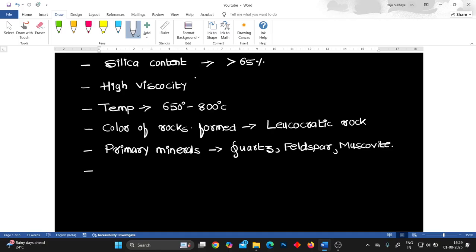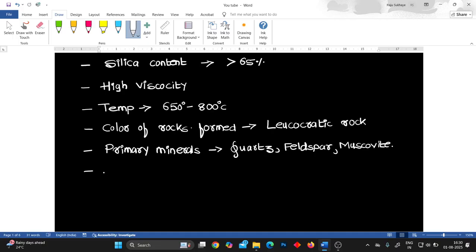Here, due to the higher percentage of silica present, the viscosity goes on increasing. So you can see acidic magma has high viscosity. Why does it have high viscosity? Ultimately it has a relation to the high silica concentration.